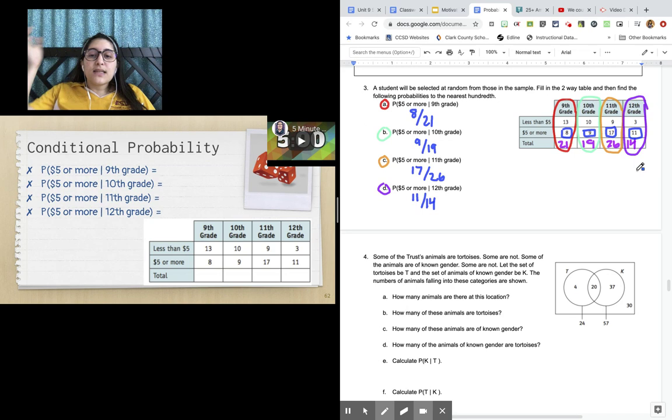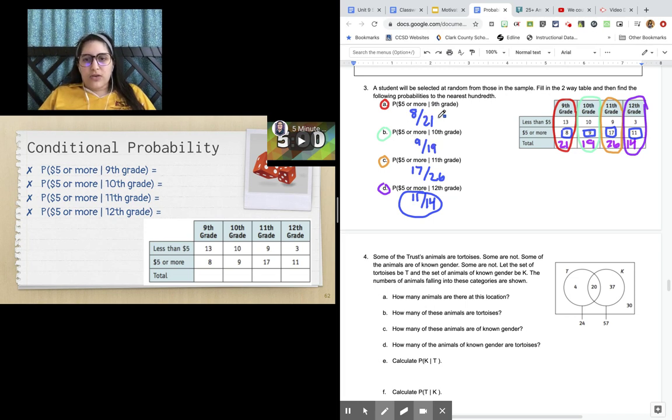The reason that we use conditional probabilities is to see the differences that may occur in probabilities across different categories, right? Like we can see obviously that the seniors donated a lot more proportionally than maybe the ninth or 10th graders.